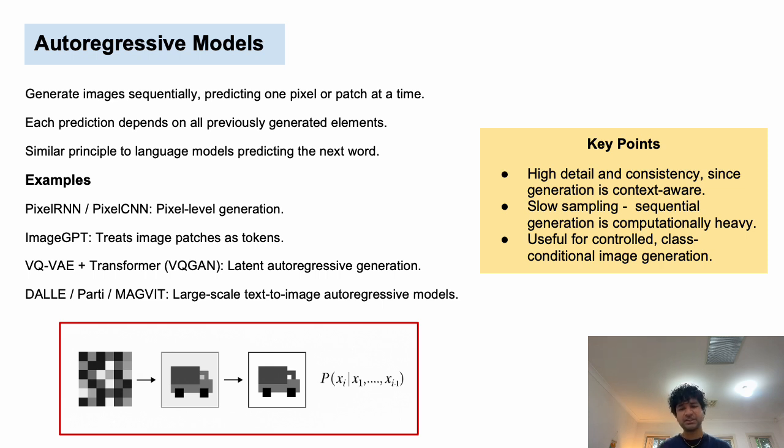Now the issue with this is that because it goes pixel by pixel or patch by patch, they do provide highly detailed and consistent images, but the image generation process would be very slow and extremely computationally heavy.